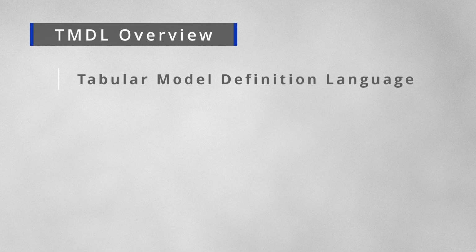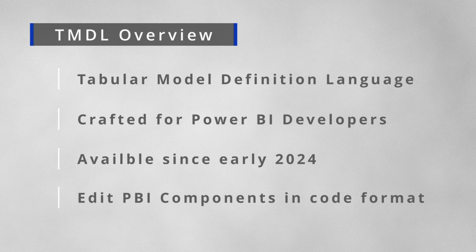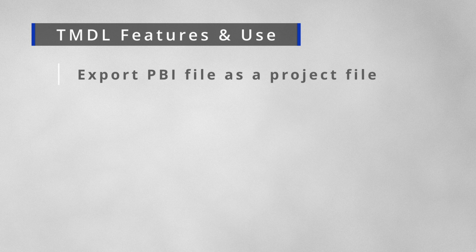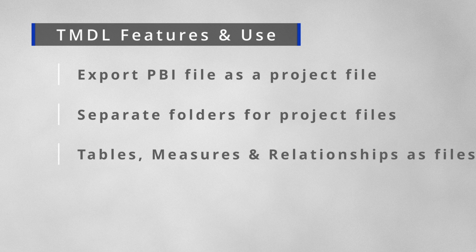TMDL, or the Tabular Model Definition Language, is a significant advancement in Power BI development. It was introduced by Microsoft back in January 2024, and it allows you to edit the Power BI model as code, similar to how developers work with traditional programming languages. TMDL relies on saving your Power BI file into a Power BI project file, which then creates a series of folders containing the tables, the measures, the relationships between the tables, and the likes.